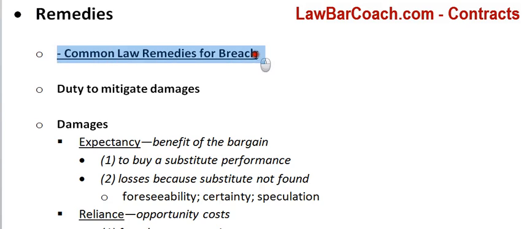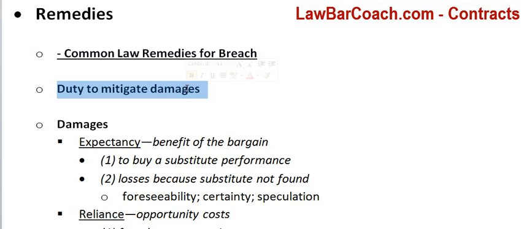They break down in between common law remedies and UCC remedies, more or less. But the common law encapsulates a lot of the major issues, so we'll start there. The first thing we'll discuss is that there's a general duty to mitigate damages. I've said it a lot of times, and I write it a lot, how contracts is an economic creation.